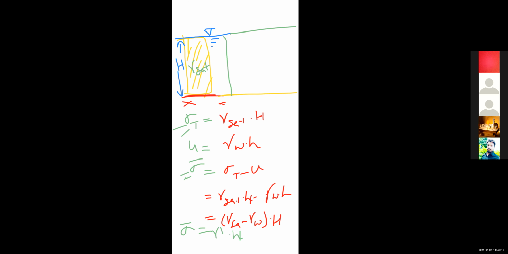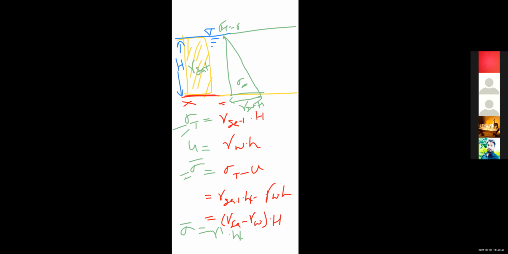At the top of the soil layer, sigma is 0, and it increases linearly up to depth z in the downward direction, and this value gives gamma saturated into H. Okay, this is the sigma T.